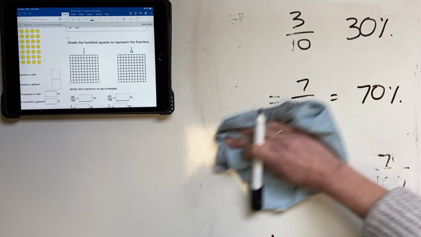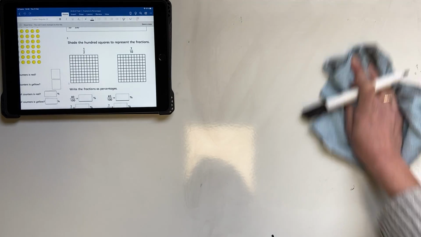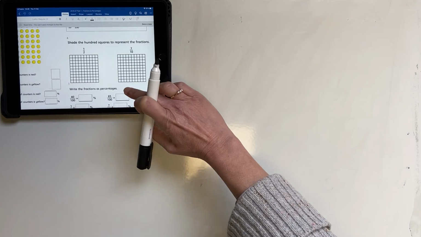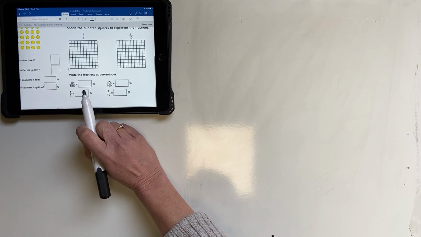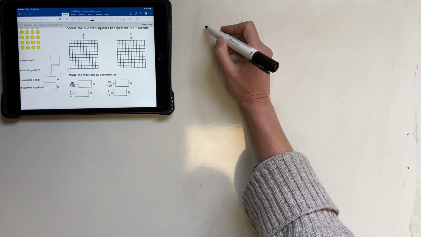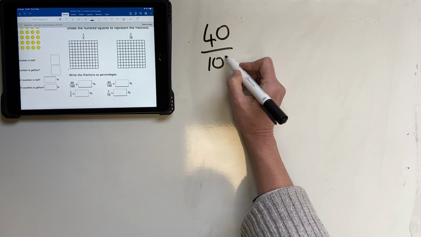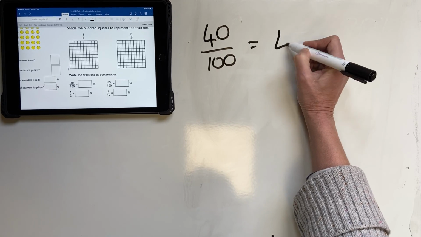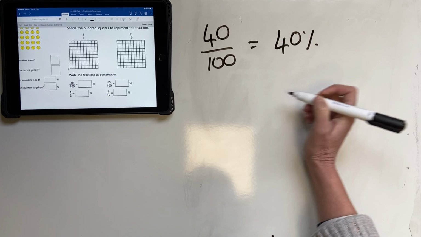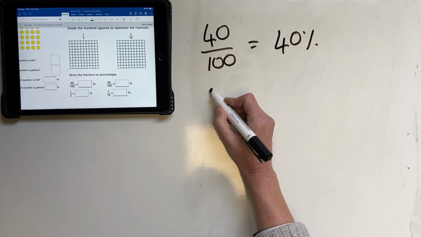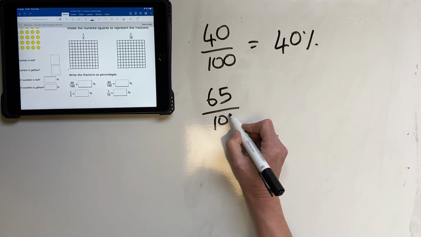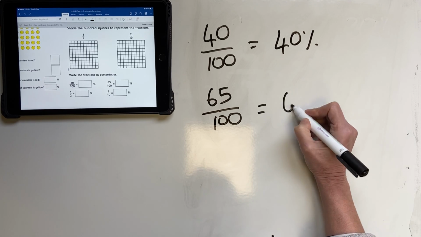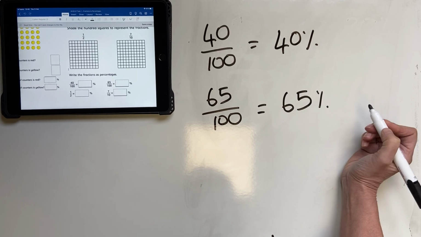For the last part of the task, you have to write the fractions as percentages. So the first one, 40 hundredths equals, well, 40 out of 100 is 40%. 65 out of 100, or 65 hundredths, is 65%.